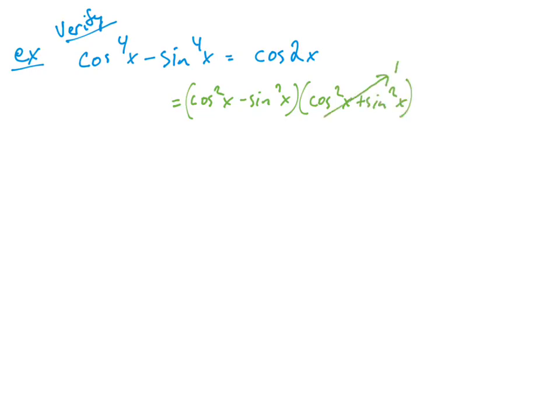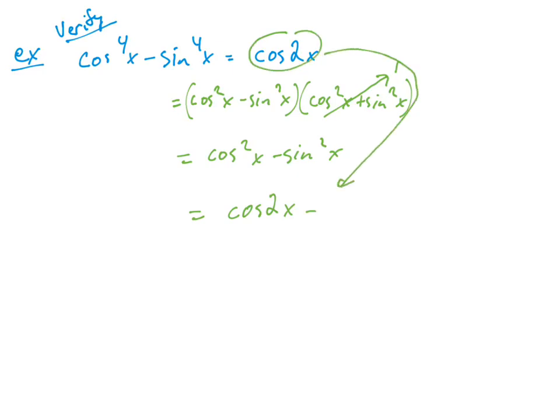This is equal to 1, so then we end up with cosine squared of x minus sine squared of x, and that is equivalent to the double angle for cosine, which, oh, that's what we have here. We can bring that down, cosine 2x, and then voila, we have it.